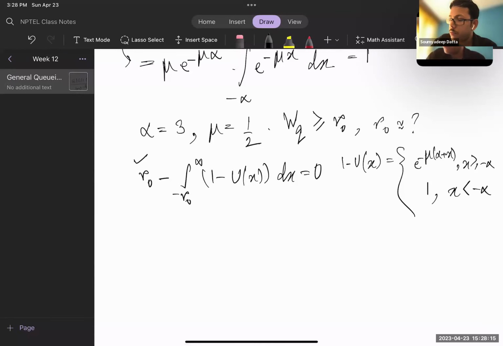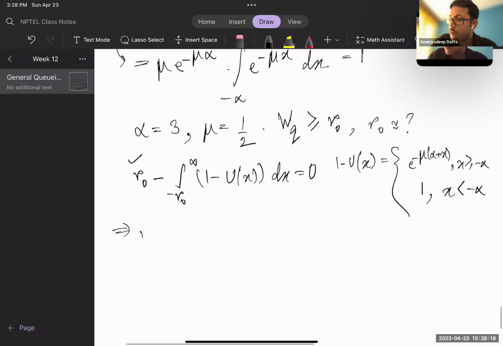And so if we solve this equation, what we get is r naught is equal to the integral from minus r naught to infinity of this thing, right?